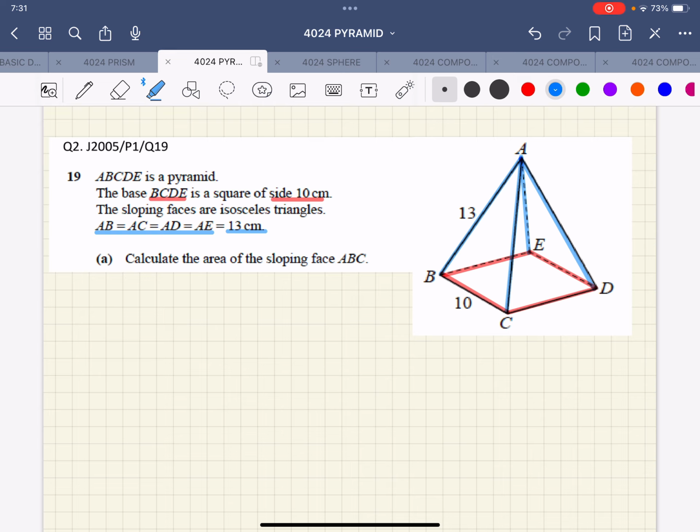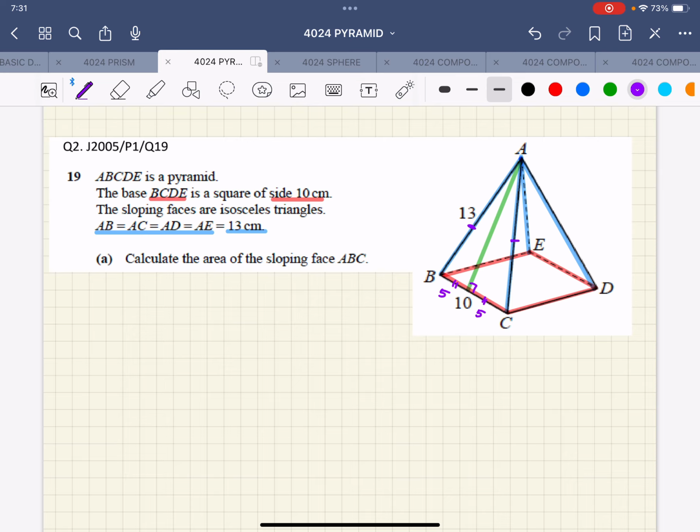Now, first of all, let me choose a green color, and let me draw a line like this. Once I have drawn this line, let me label it in such a manner that these two sides are equal. This 13 and this 13 are equal. This is perpendicular. I've drawn a perpendicular on the lateral surface, and this becomes 5 and this becomes 5.